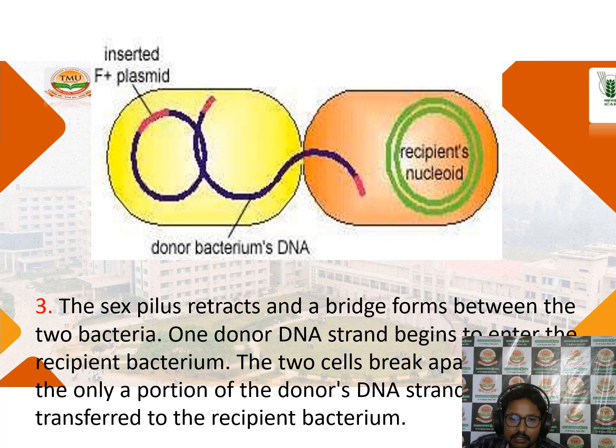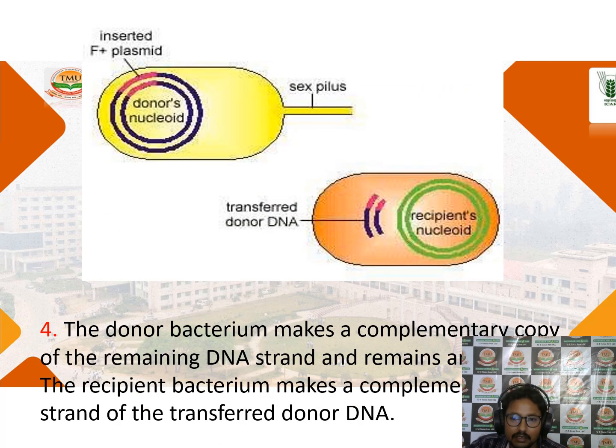So yes, you can see that's one single strand, although it is transferring to the recipient bacterium, all portions of the DNA could not be transferred, and only a few genes will be transferred, and it lacks the complete F plus plasmid genes. That's why in this case the recipient bacterium cannot have the sex pilus, because the genes involved for the F plasmid are not completely transferred here.